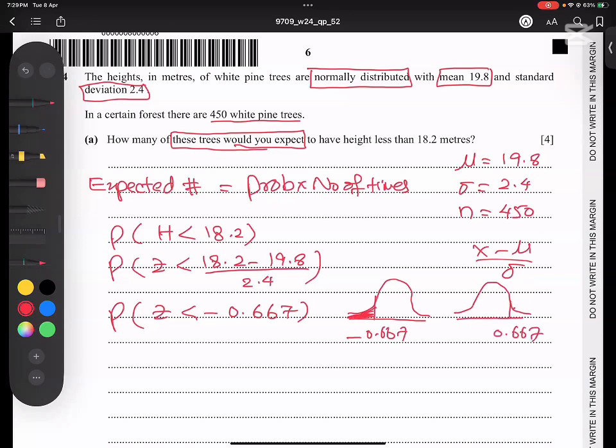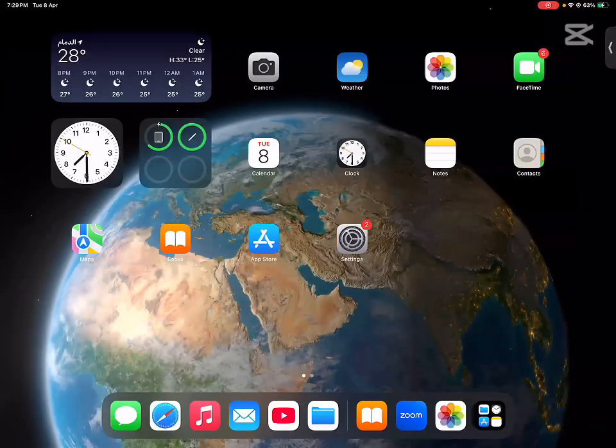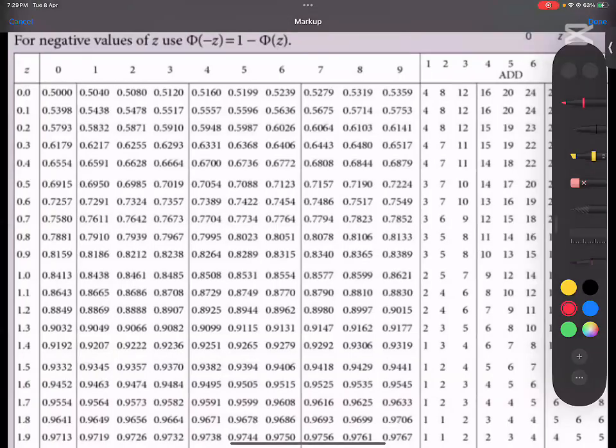I will convert into the positive section. This area and this area are equal to each other. And how to get this part? Whenever I look at the table for phi of 0.667, it gives me the value from the left corner, but I need the right hand side. So 1 minus that. So 0.667, go on the table and see from here 0.667.